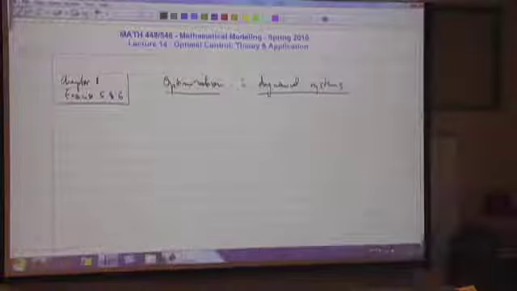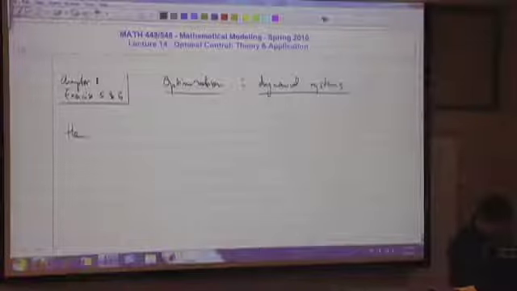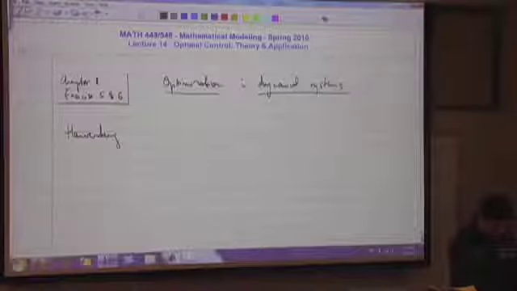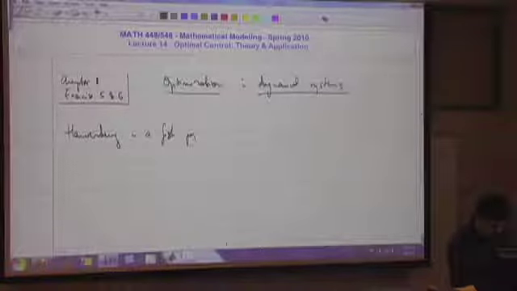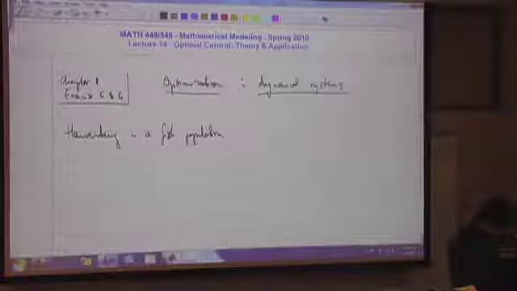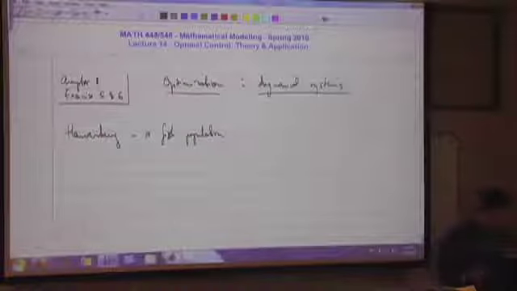Okay, so let me give you the first example, and it's pretty much related to chapter 1, exercise 5 and 6. So imagine that we have fishing or harvesting in a fish population. I'm going to use the terminology in that exercise.